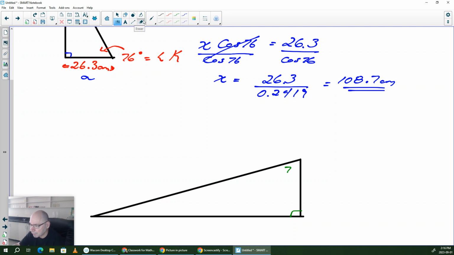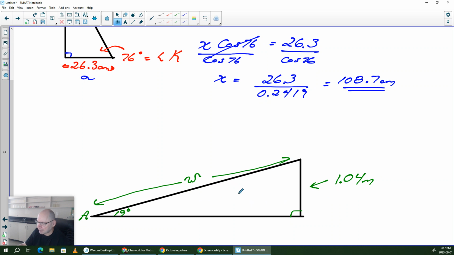Actually, I did the big one last time. I'll do the small one this time. So let's say that this is 19 degrees, and we'll call that angle A on the bottom there. And we want to find this length of this ramp if we know that it's raised up 1.04 meters.